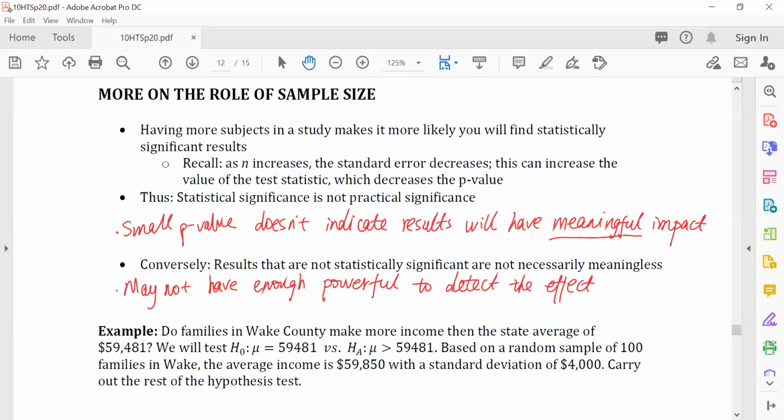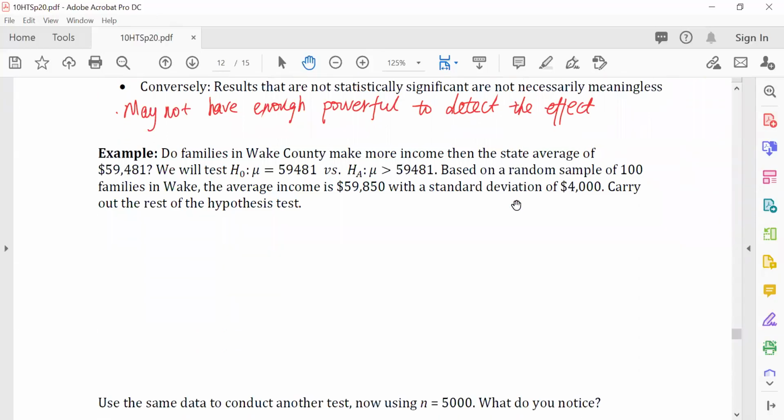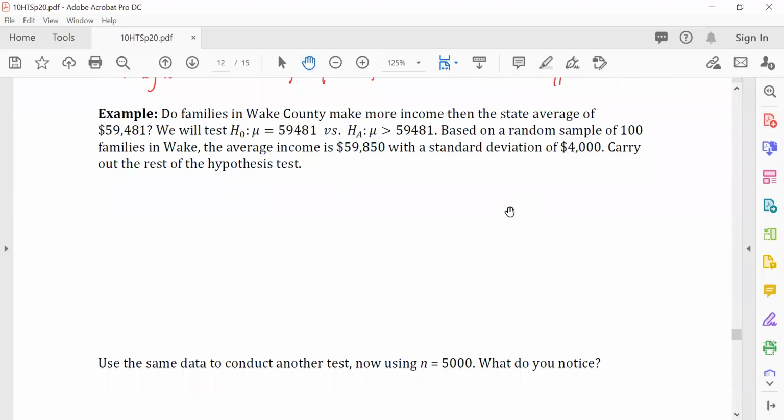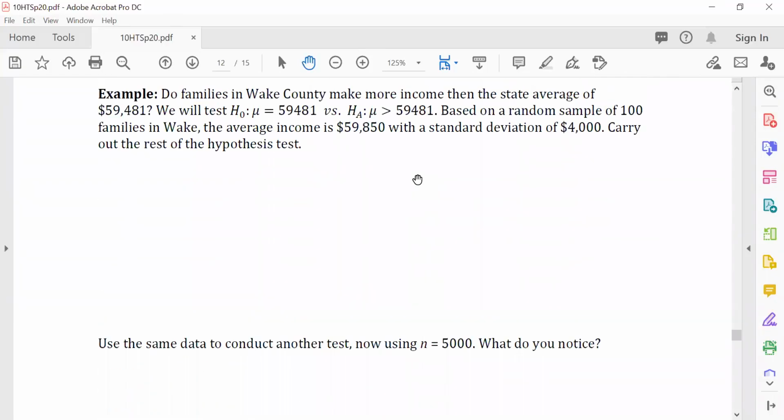So let's take a look at the following example. If you haven't read the example yet, you could stop the video for a moment and work on this example by yourself.